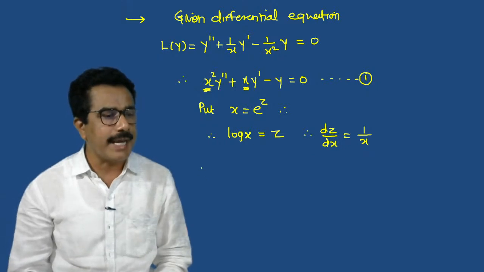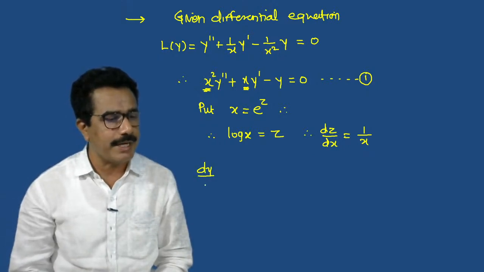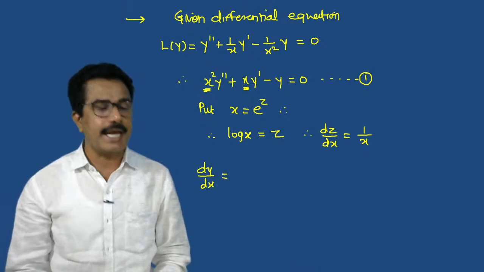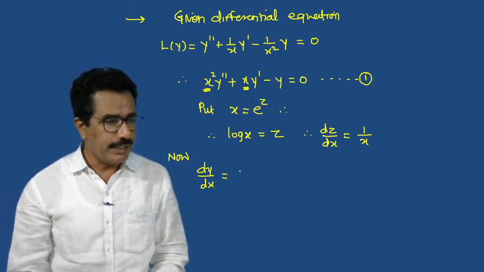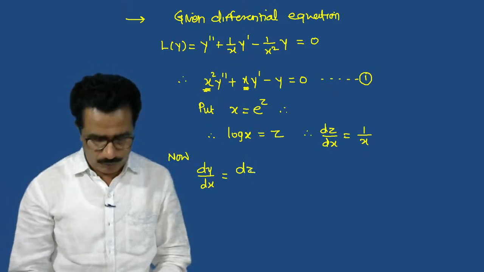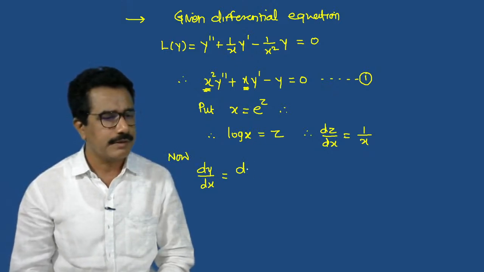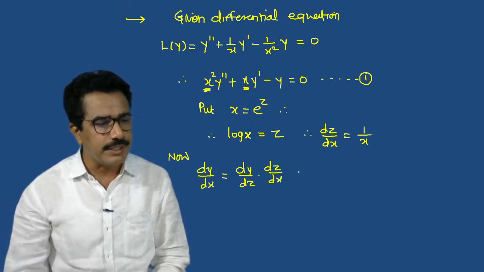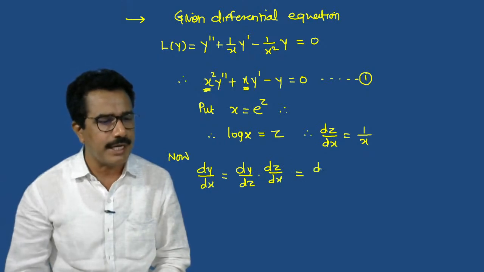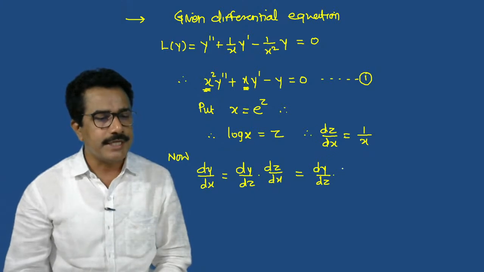Now dy by dx, y dash, can be written by the chain rule as dy by dz into dz by dx. This is the chain rule. Put the value of dz by dx, which is 1 upon x.